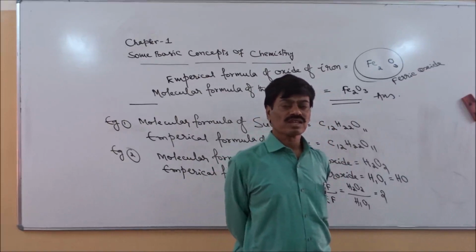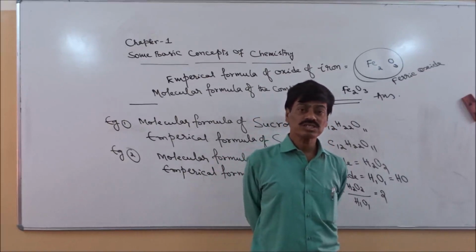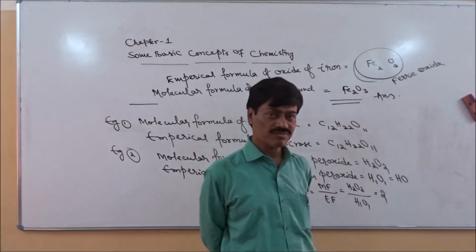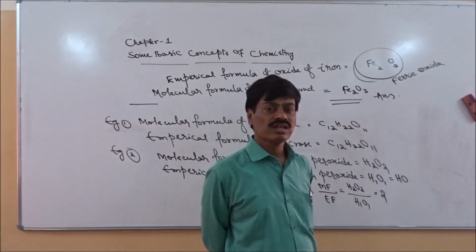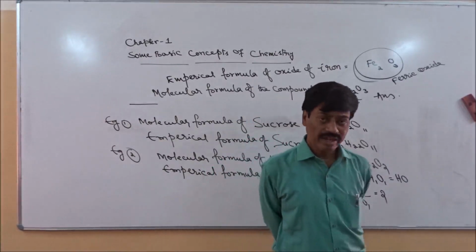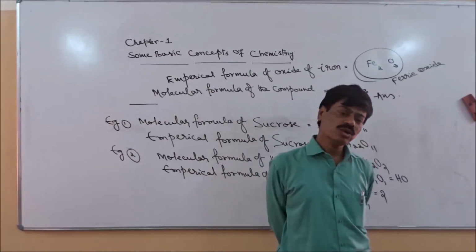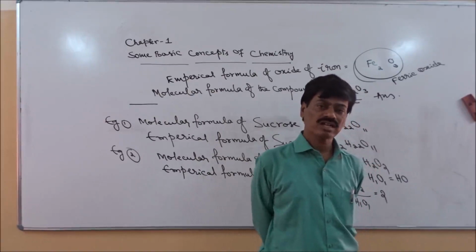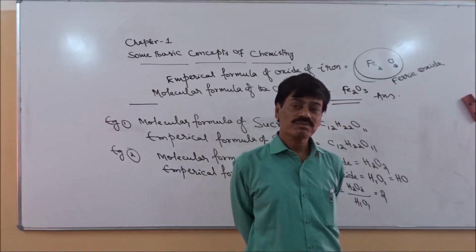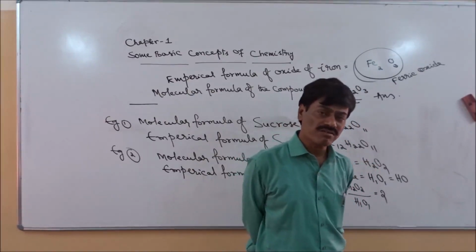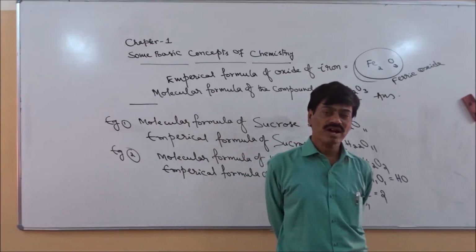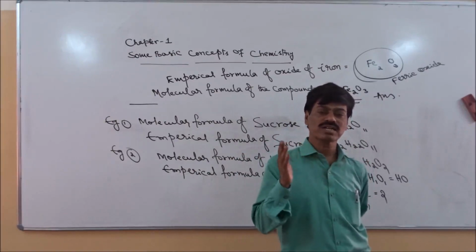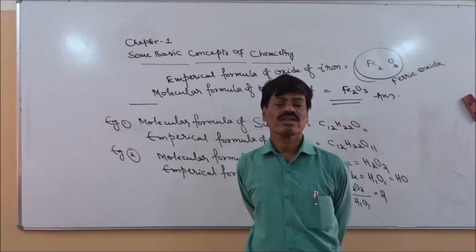In that, 1 atom of carbon and 2 atoms of oxygen are there. That is the actual number of atoms of carbon and oxygen. In that way, hydrogen peroxide, H2O2. There 2 atoms of hydrogen and 2 atoms of oxygen are involved. That 2 is to 2 represents the actual number of atoms of hydrogen and oxygen, before that 2 is to 2 is minimized to 1 is to 1.